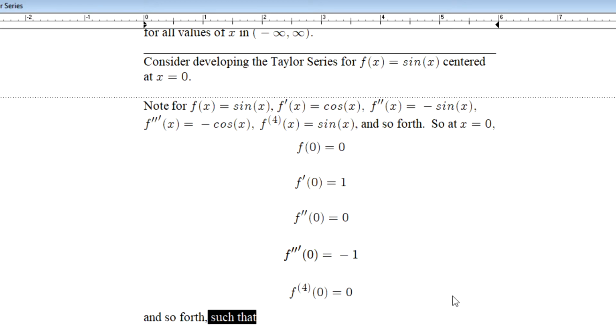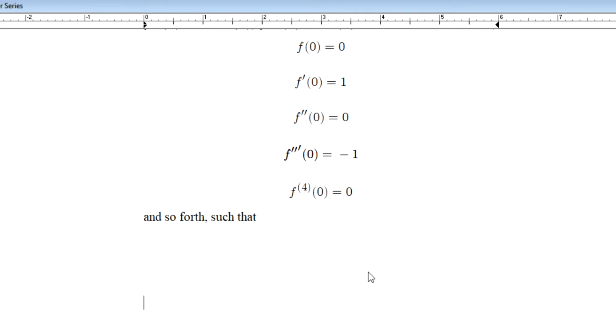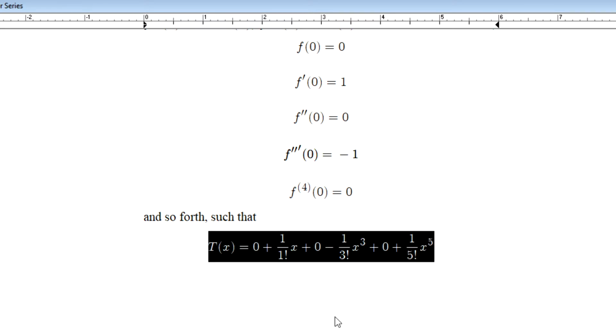Such that if I think about the Taylor series, if I spend a moment denoting what T of x might resemble, T of x built term by term would start to look like this, where you'll notice there is a pattern forming.